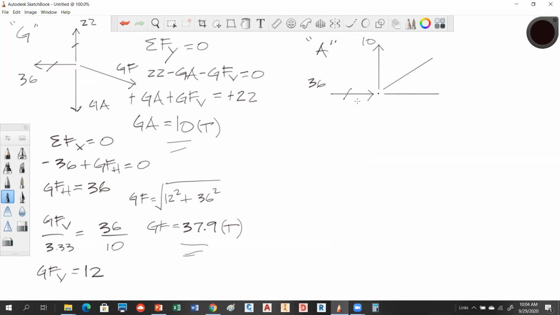Yeah. Okay, all right, so now we've got two unknowns here, and we just need to determine directions. And if you don't know, just make them all tension, or all compression. But like I said, if you look at this one, you can determine what's going on with the diagonal. What do you think? I'd say compression, because this guy can contribute nothing to the vertical. So if that guy's going up, this guy has to be going down. So therefore, this has to be a compression. Okay, so we're going to call that AF. Now, what about member AB?